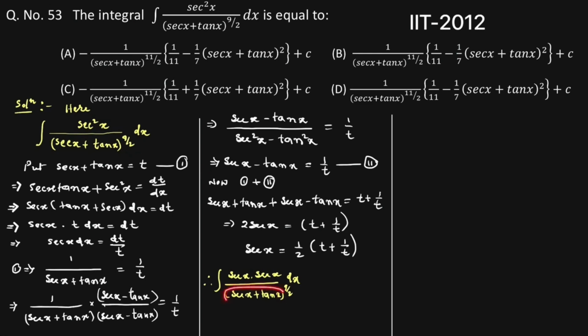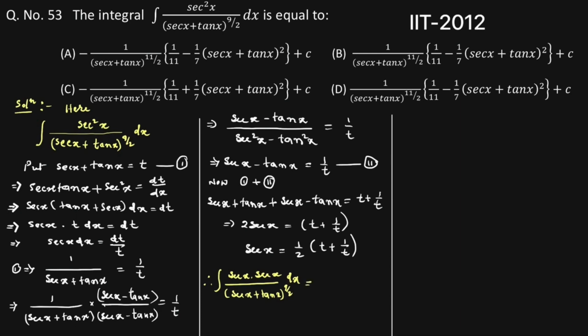So in the place of sec x plus tan x we are able to write t. Similarly, in the place of sec x dx we write dt by t, and in the place of sec x we write 1 by 2 into t plus 1 by t.